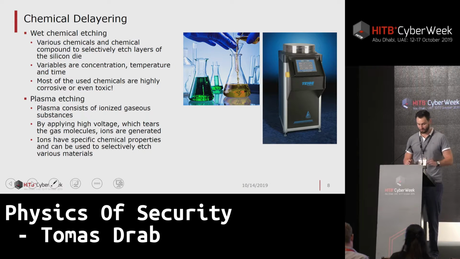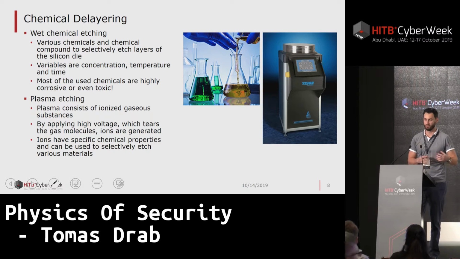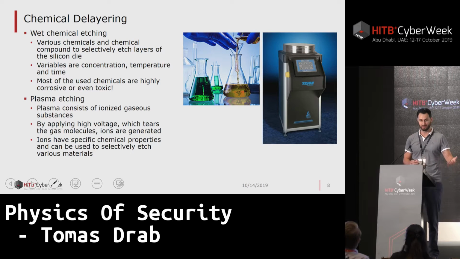You don't really want to mess with them too much. And also you can use dry chemicals. It's again like plasma decapsulation. Here we use just other gases to etch metals, silicon oxide, silicon nitride, and all this layer after layer.